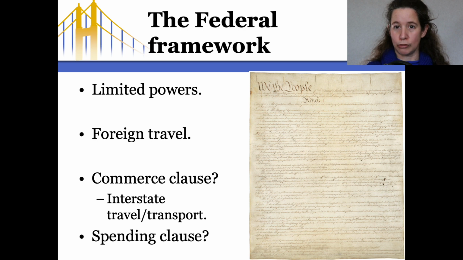The eviction moratorium addresses the housing market, which is much more closely related to interstate commerce than vaccine mandates generally. So chances are the federal government does not have the authority to impose a universal vaccine mandate, but may have the authority to impose a narrow mandate, for example, on international travel.